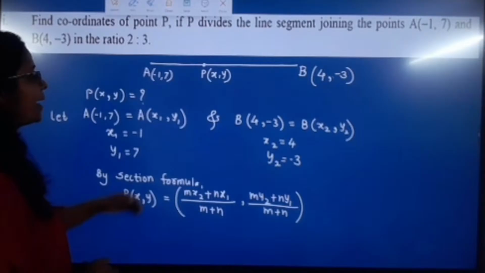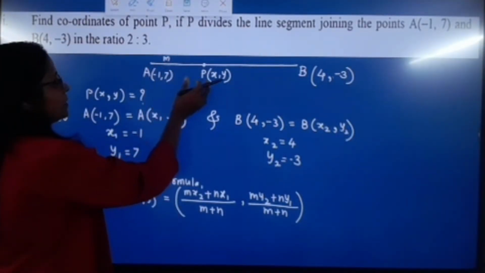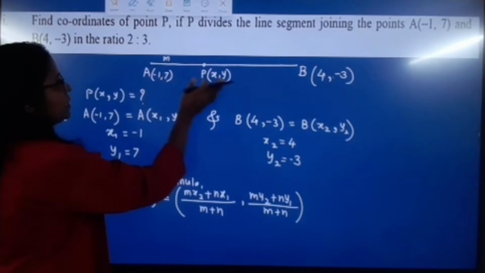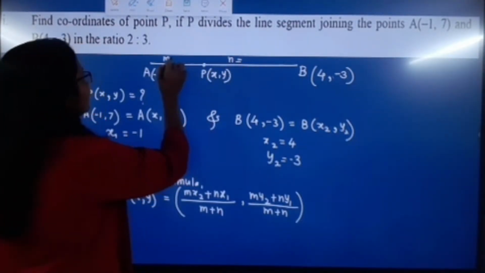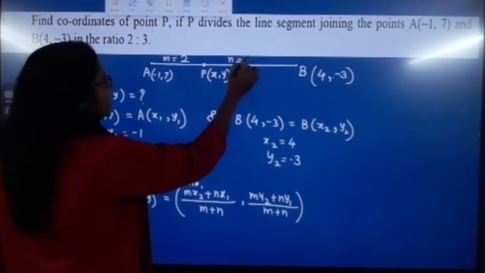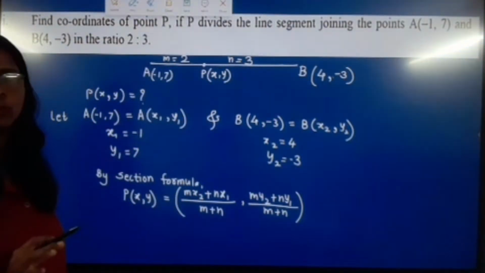Here, students, P divides this line segment in the ratio m is to n, and that is the 2 is to 3 ratio. That means m is equal to 2 and n is equal to 3, students.